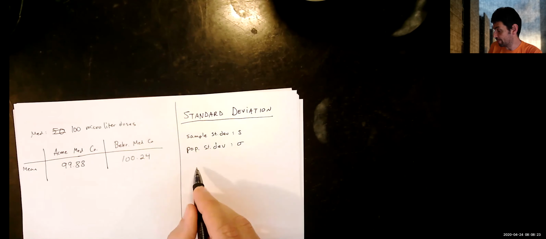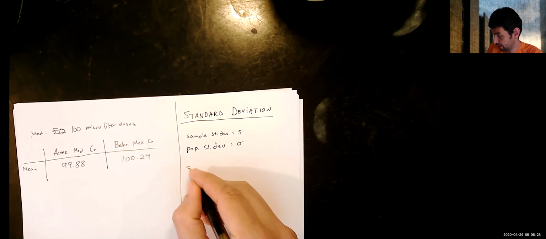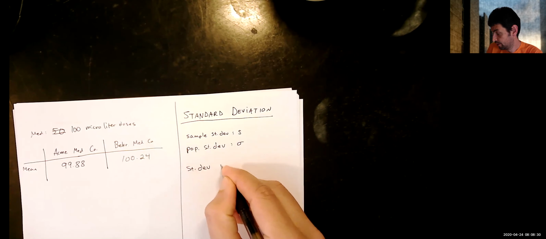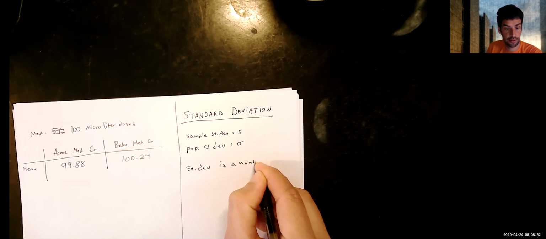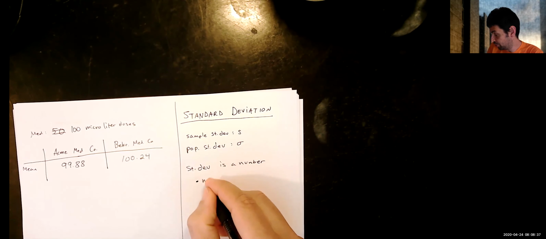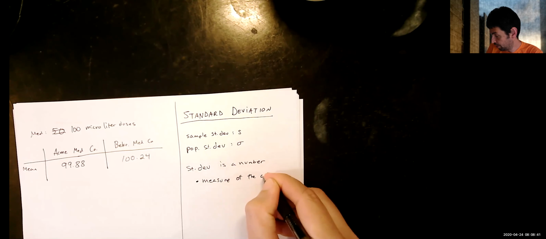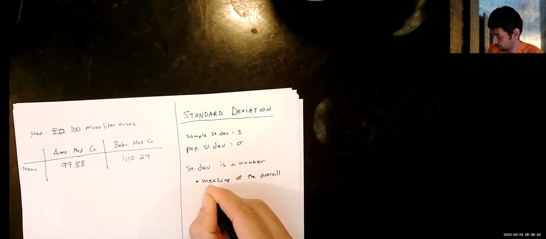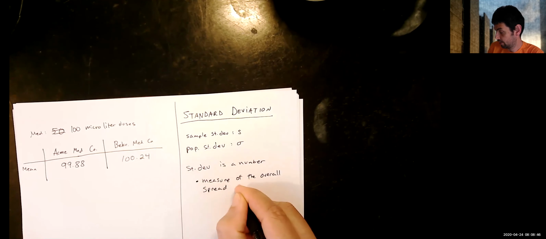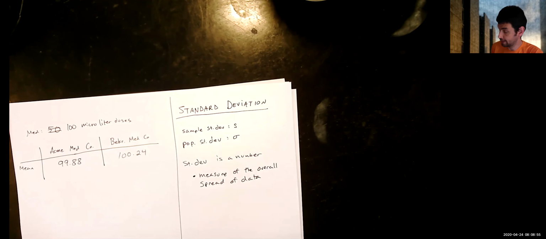So how do we think about this standard deviation? So it's going to be a number. Standard deviation is a number. Okay, it's going to give us a measure of the overall spread of data. The higher the number, the more spread out our data is, okay, in this particular measure. Okay.